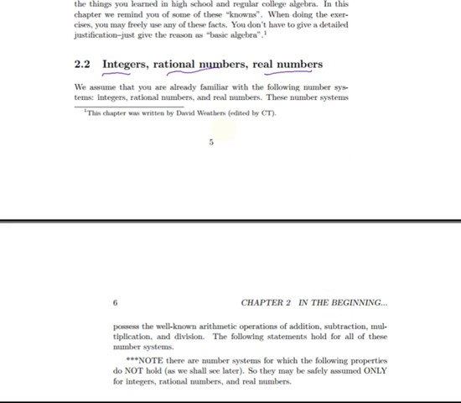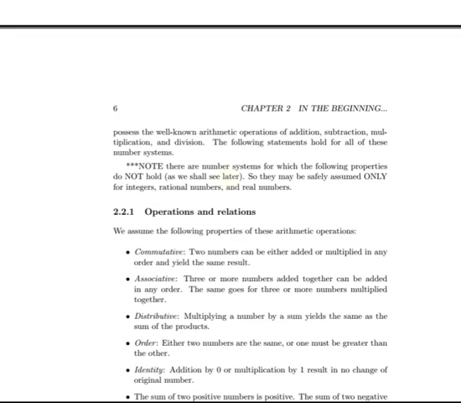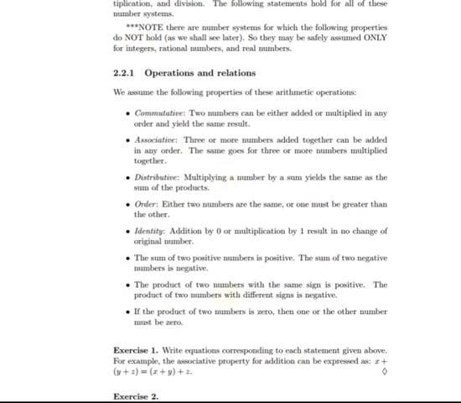Now, here are some familiar properties of these familiar number systems: commutative, associative, distributive. I believe you've seen these in your secondary math class. These have to do with the operations, the order in which you do the operations. And here's a verbal description.